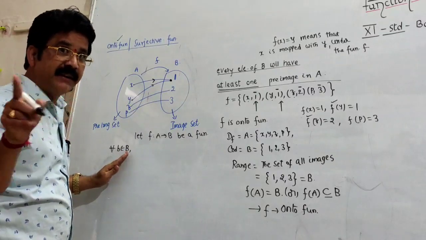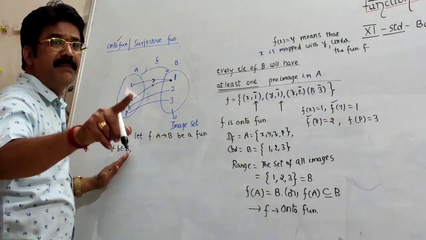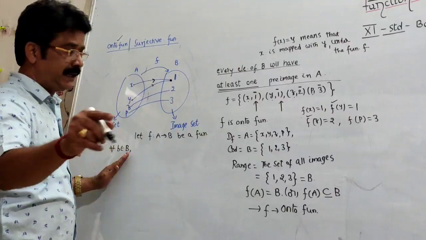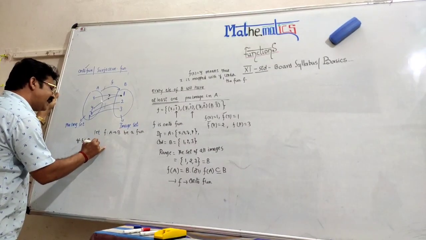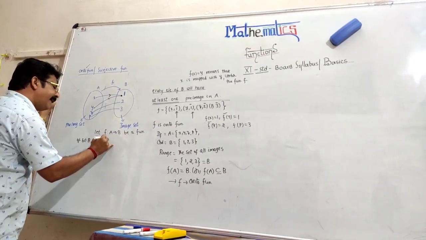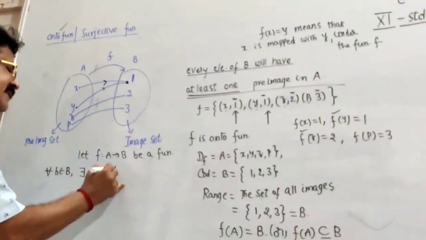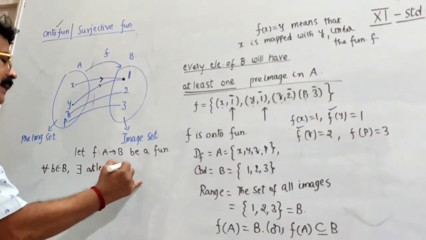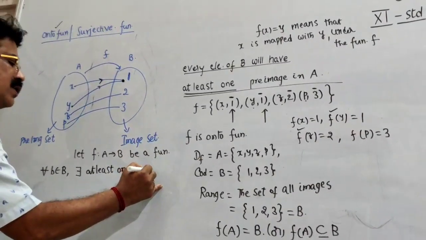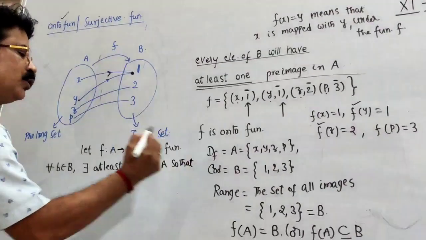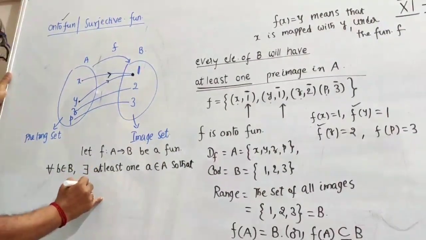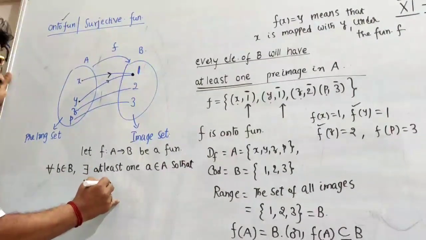For function, the definition will start from capital A. Later I will write b belongs to capital B. There exists at least one a that belongs to capital A, so that b is equal to f of a.